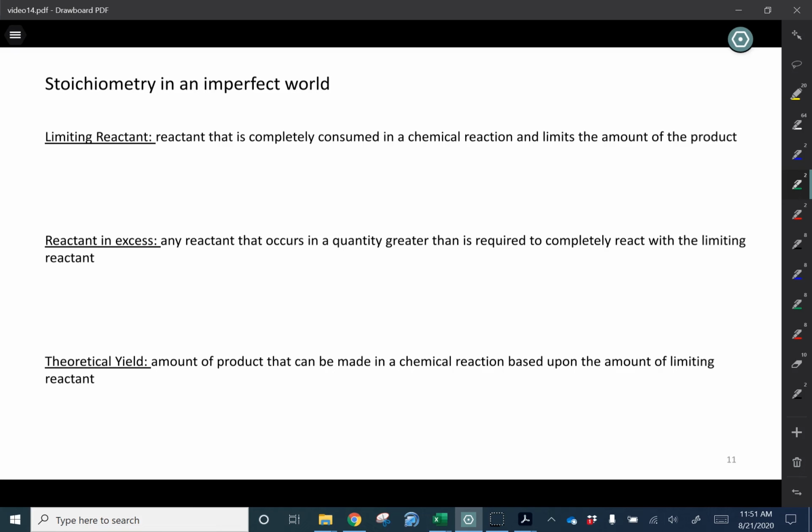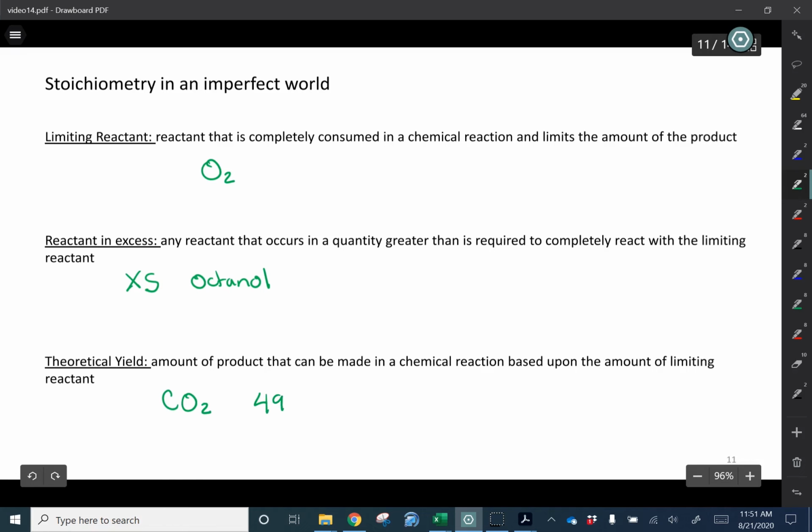So again, I'm going to just fill this out. Limiting reactant was O2, reactant in excess was octane. And you may see me write "excess," okay? And our theoretical yield was CO2, and that was 49.7 pounds.